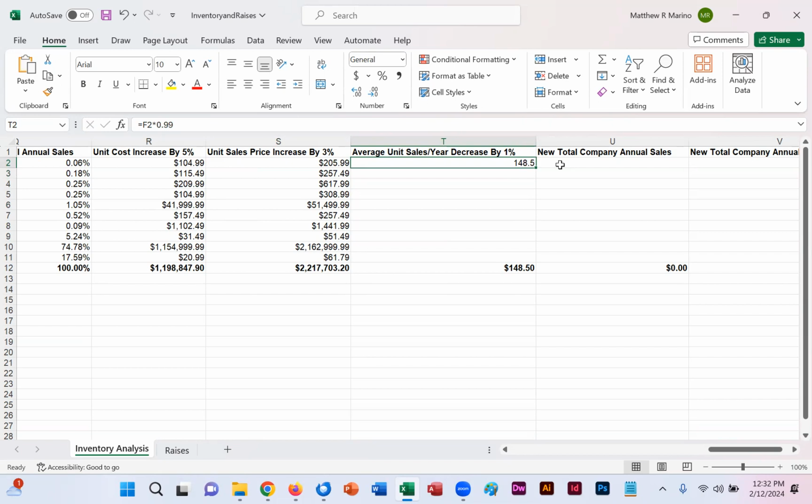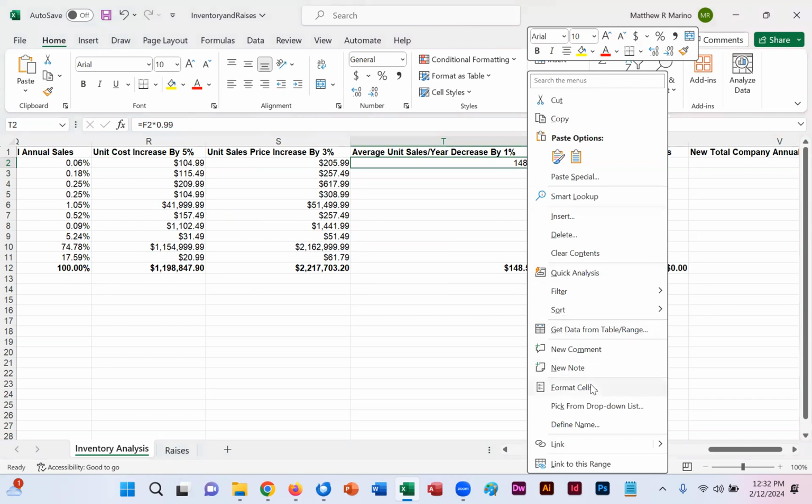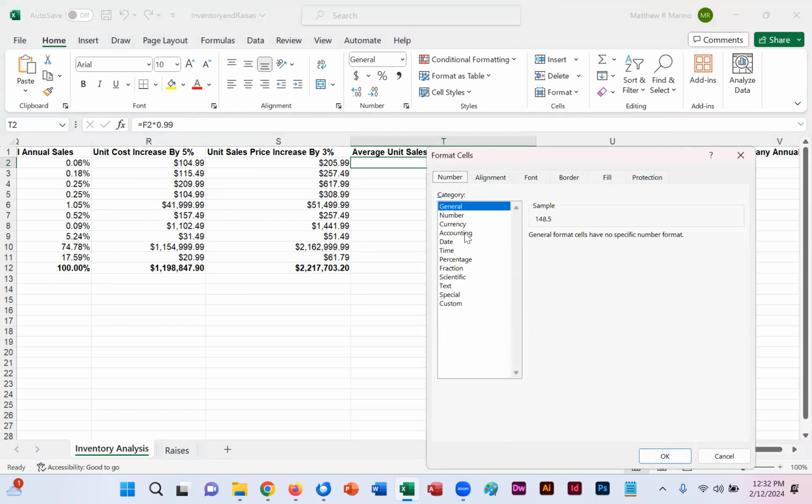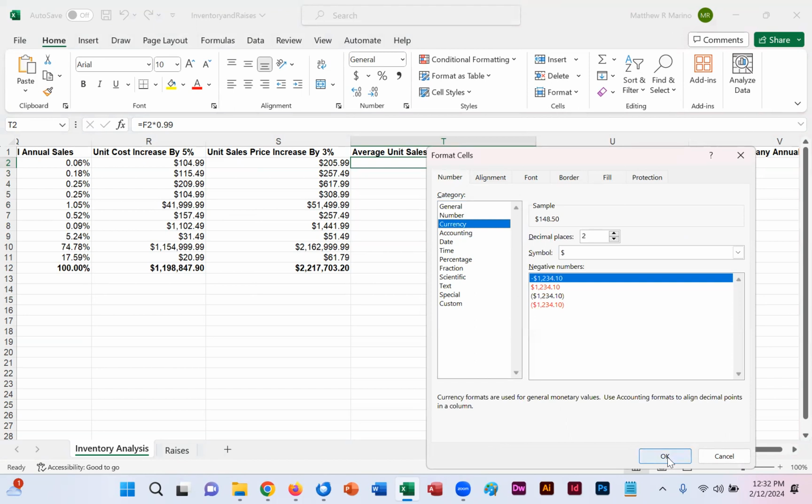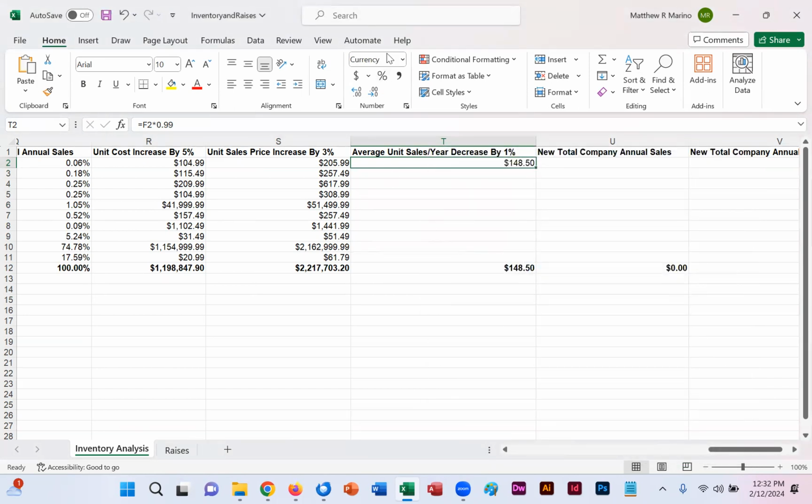So when you click enter, you notice that these are not set up as currency. So we right click, format cells, currency, okay. Or you could again do it from the number pane here, select currency from the drop down. This way, when we click back in and auto fill down, now they're all currencies. And we don't have to worry about doing every single one of them.